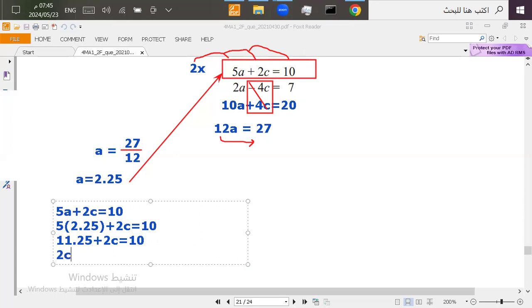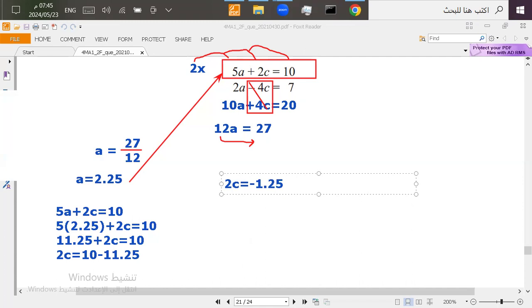So 2c equals 10 minus 11.25. So we subtract them here. 10 minus 11.25, and the answer is negative 1.25.